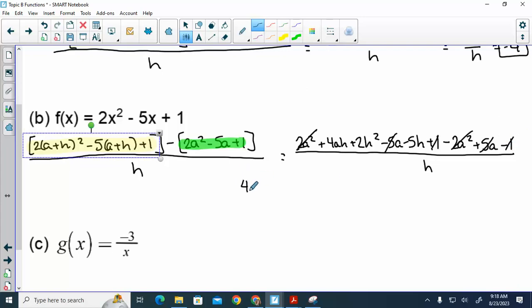So I have 4ah plus 2h squared minus 5h, all divided by h. Yep, you have to take an h out of each term. So that gives you a 4a plus a 2h minus 5.